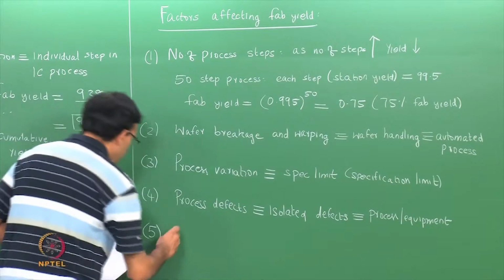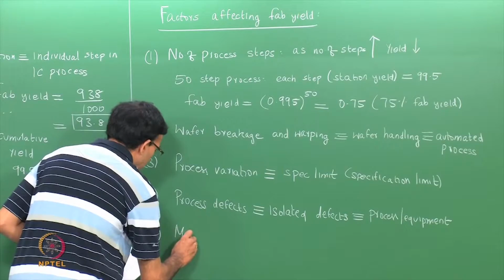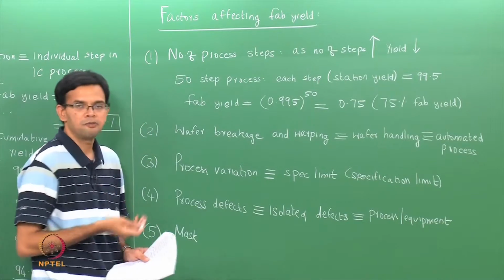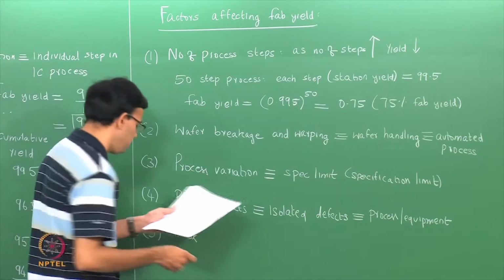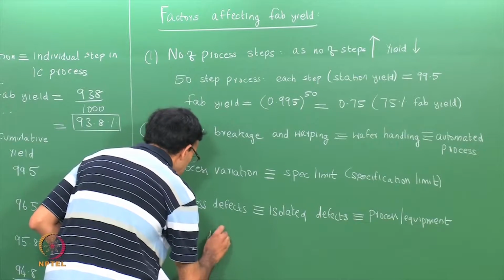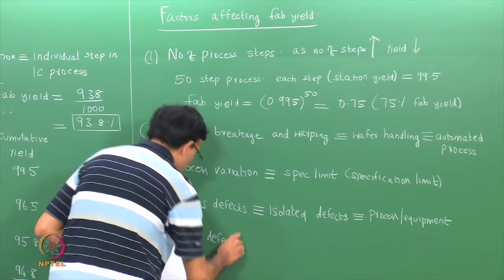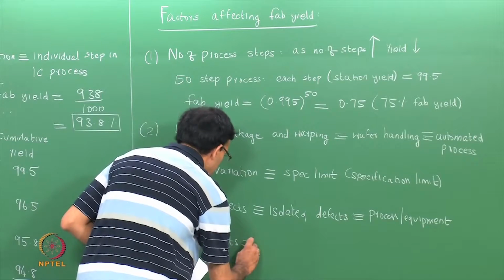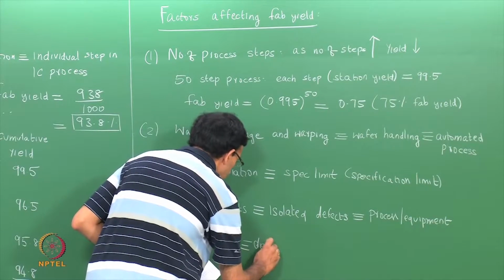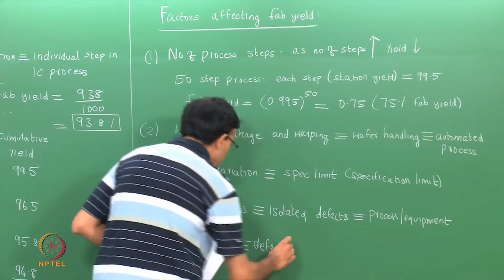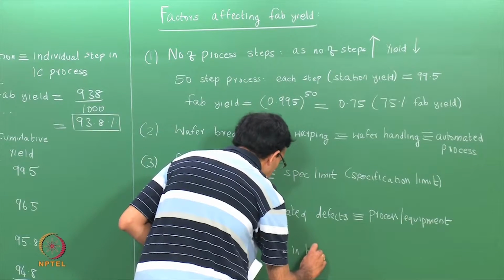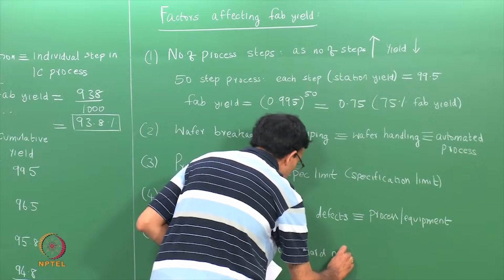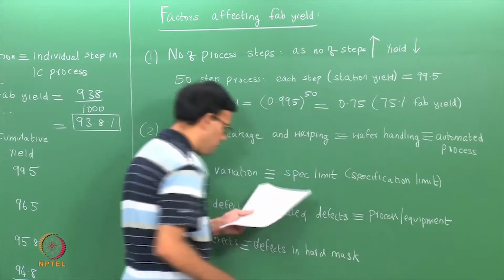You can also have defects that are related to the mask. This is especially related to lithography. So, these are your mask defects. So, these are essentially defects in the hard mask. The hard mask contains the pattern that is then transferred to each and every wafer.